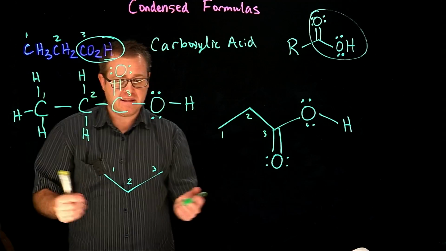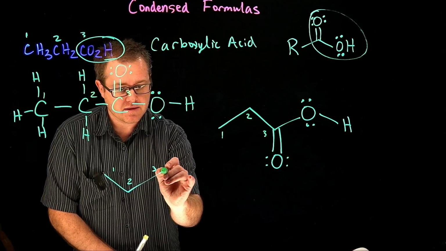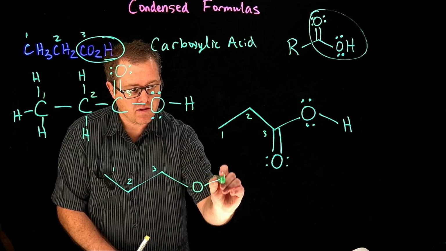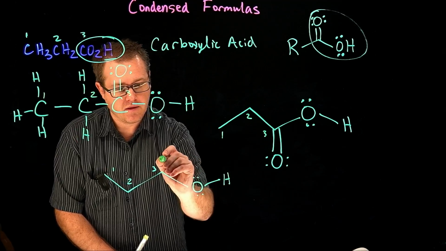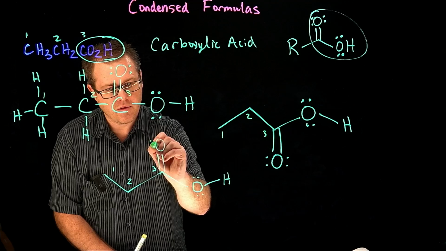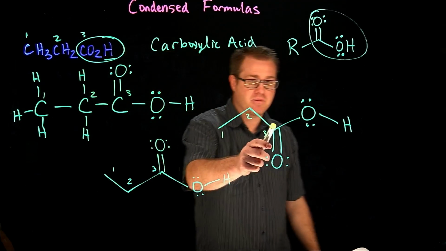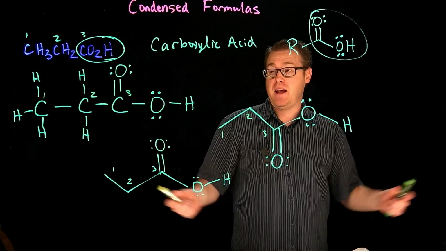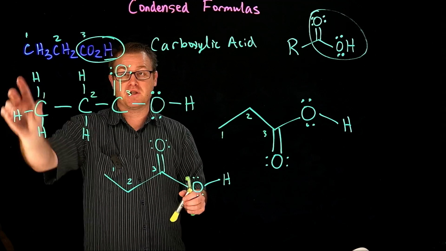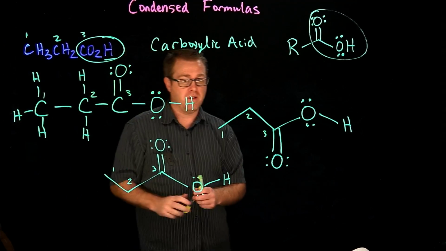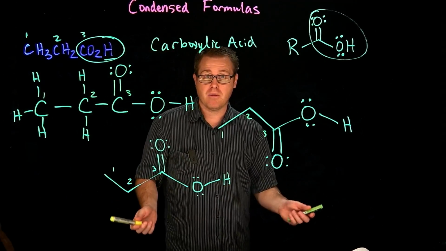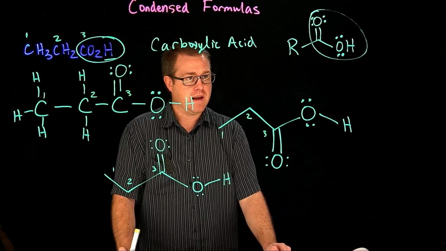So you can represent that rotation like this. So this representation and that representation represent the same thing. It represents this Lewis structure or that condensed formula. Both are correct and both would be okay.